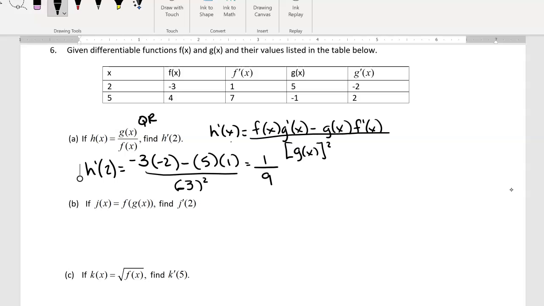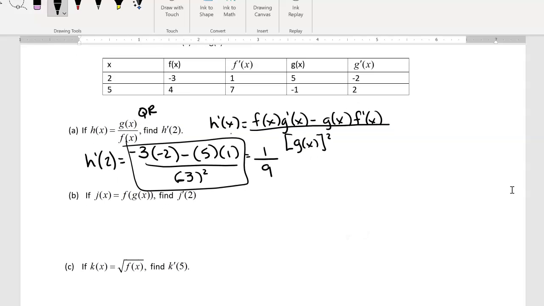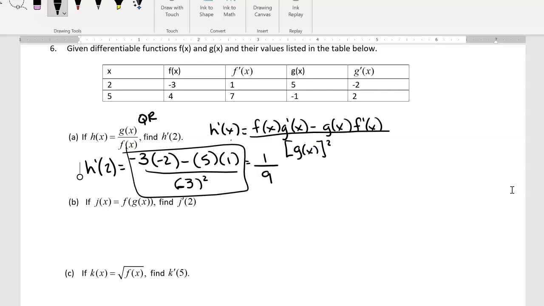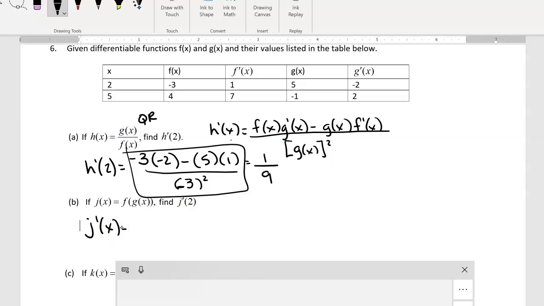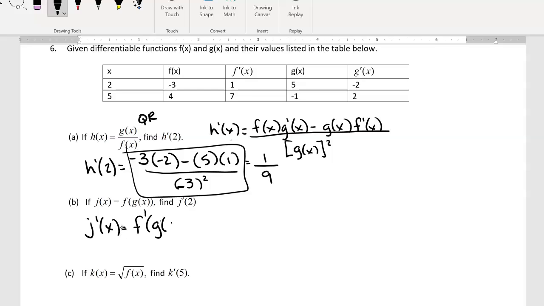And of course, if you had this written, you got full credit as well. J is, I would say, a straightforward chain rule. J prime of x is f prime of g of x times g prime of x.